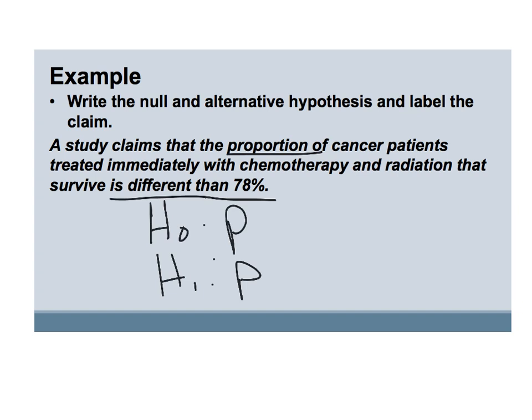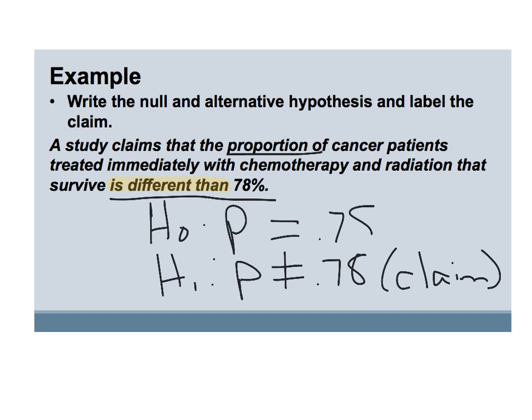Is different than means not equal to. So anytime you see is different than or differs from or something like that, you want to make sure and put not equals to. Opposite of not equals to is equals to.